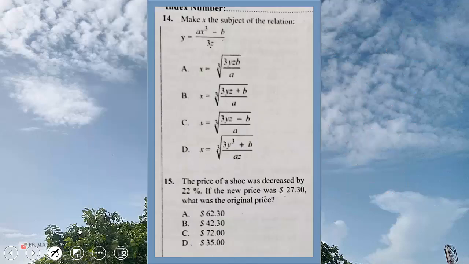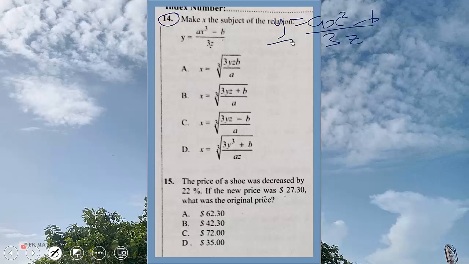Question number 14. We have to make x the subject of the relation y equal ax cubed minus b over 3z.